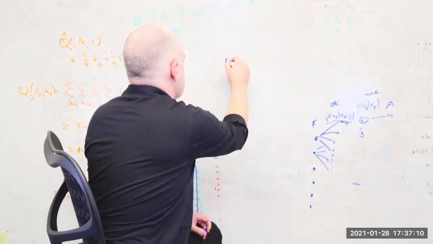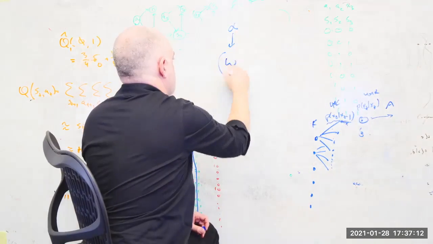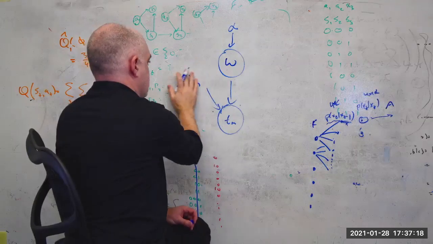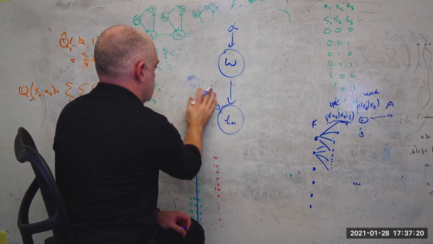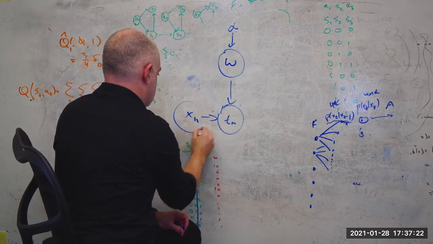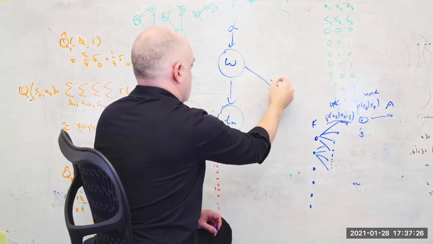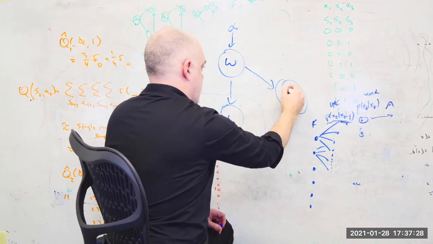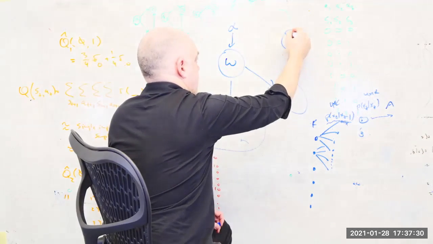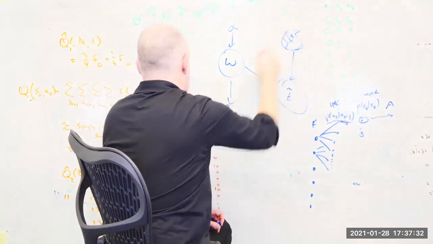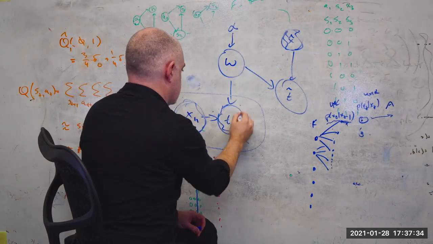Yeah, so we've got W, alpha, Tn, Xn. There are n of these, and then there will be a T hat and an X hat. This is known. This is known. This is known.